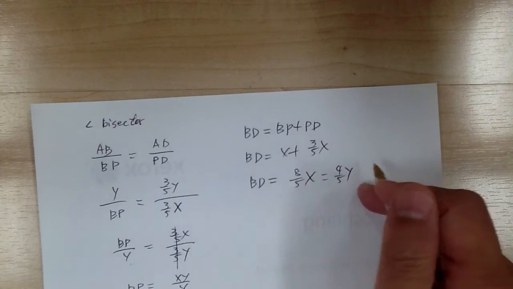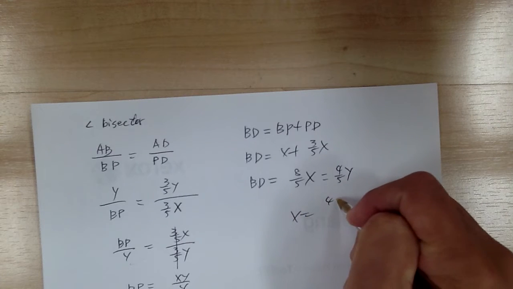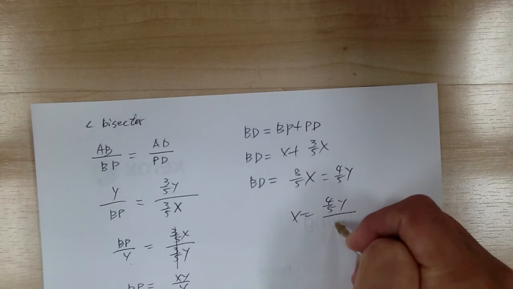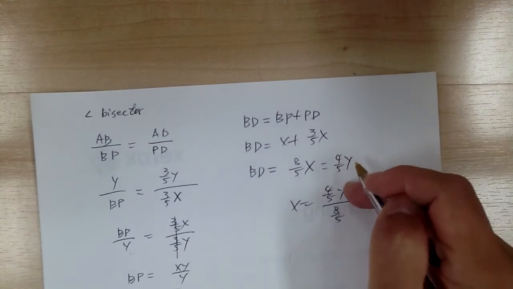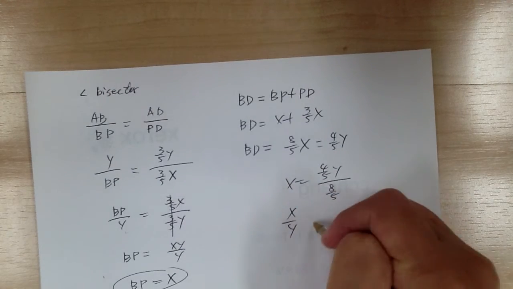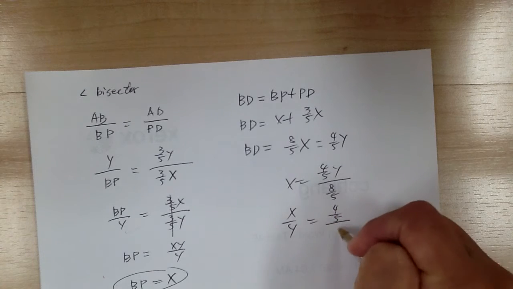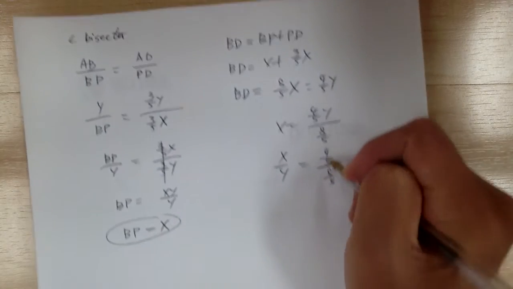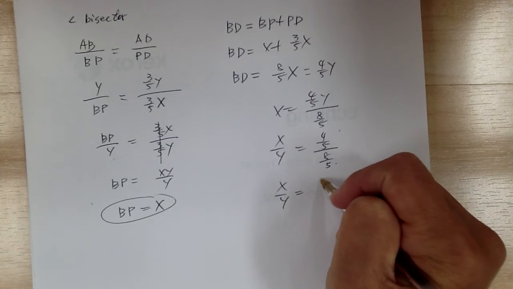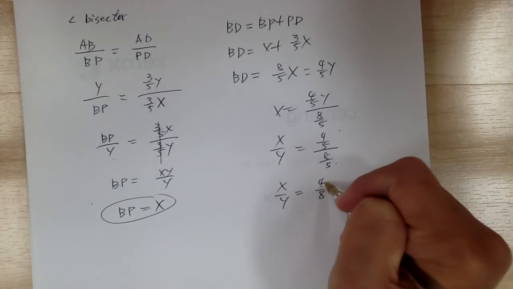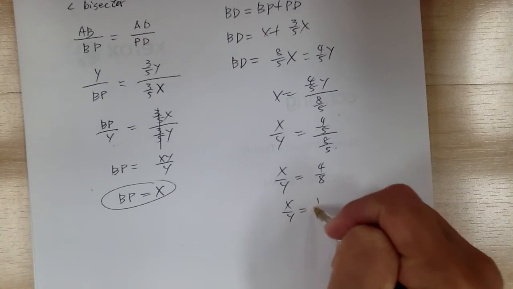First, let's move this over. So x will equal 4 over 5 y over 8 over 5. Okay, so move this down and then move the y over. So x over y equal to 4 over 5 over 8 over 5. So x over y times 5 times 5, you're going to get 4 over 8. And so x over y equal to 1/2.